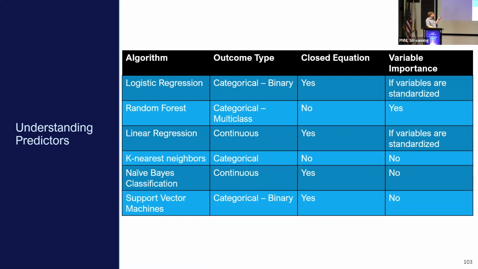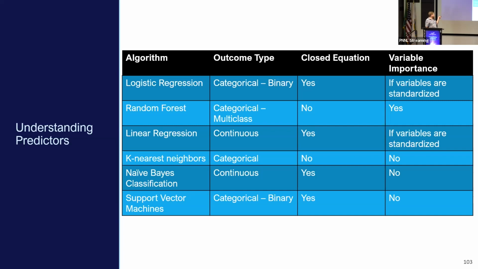So for example, if your output is categorical and you've only got two classes, thus binary, you could use logistic regression. You do get a closed form equation and you do get variable importance. But as soon as you have three groups, which is very reasonable to have, you can no longer do logistic regression at all, and you lose perhaps a very highly interpretable method.